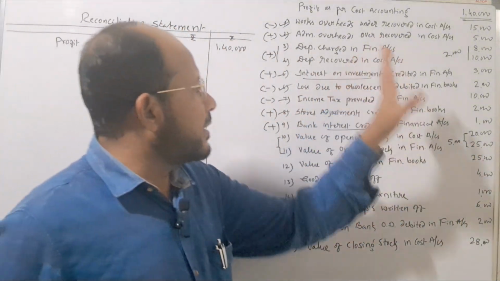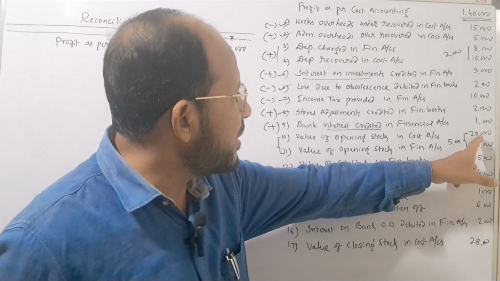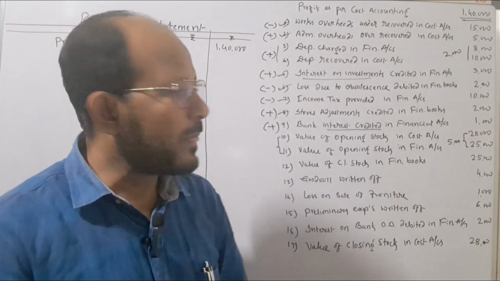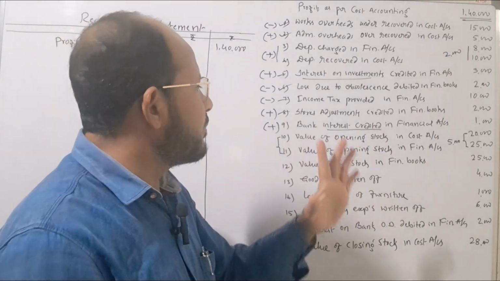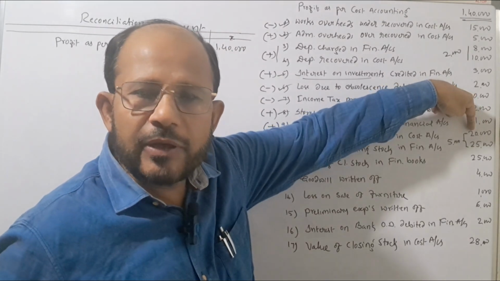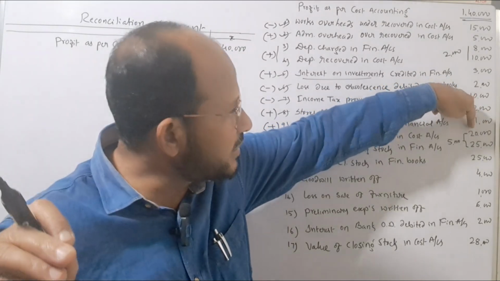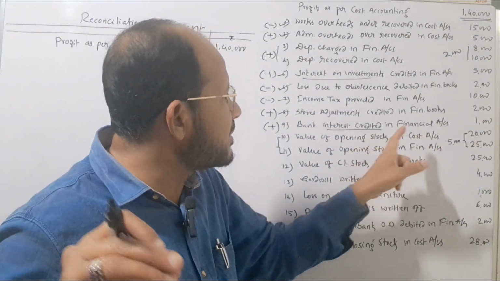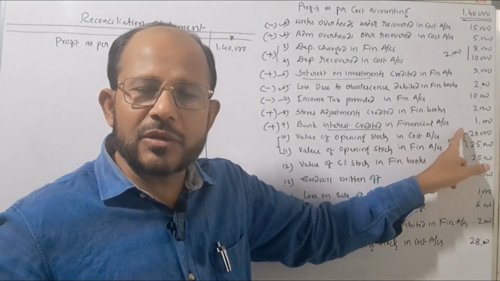Since we have taken here costing profit, first we will see what is the impact of this difference on the costing profit. Here opening stock is given, value of opening stock in cost accounts is 20,000. In financial accounting, 25,000. Means less amount, or the opening stock is undervalued in cost accounts.